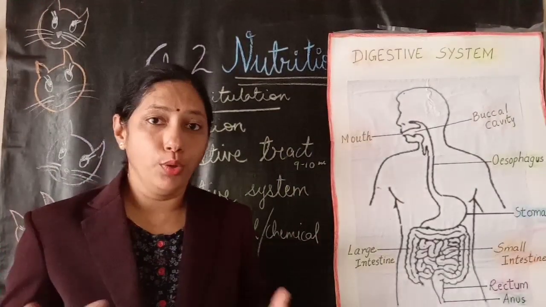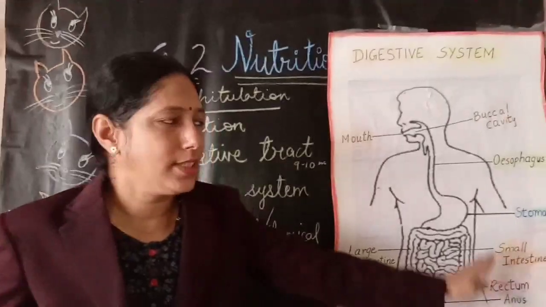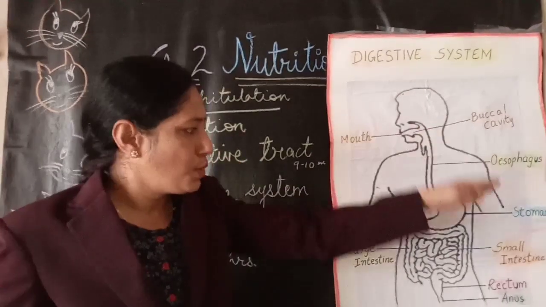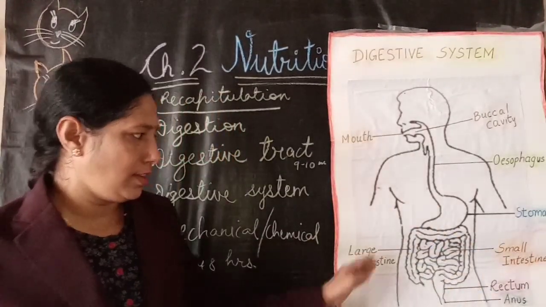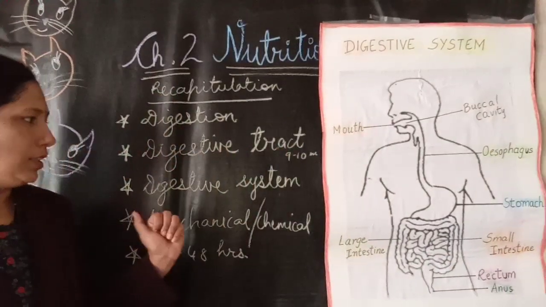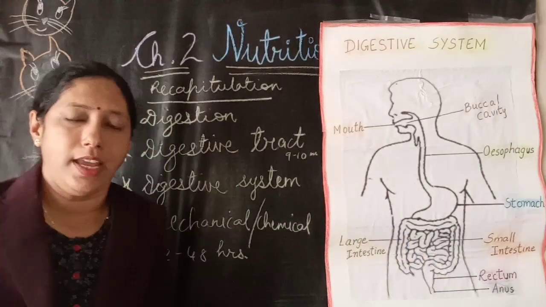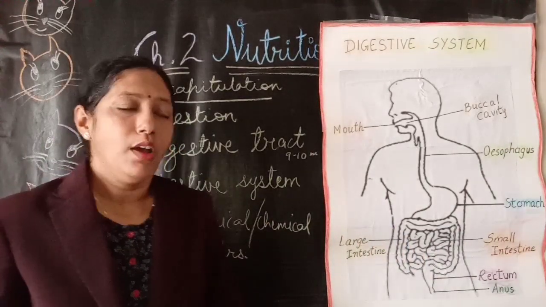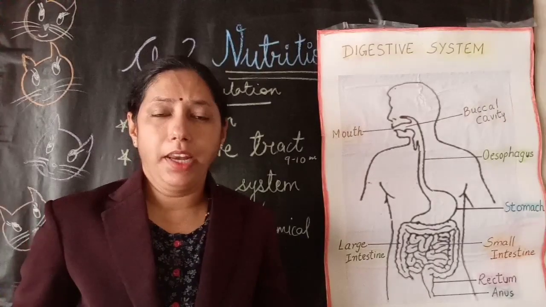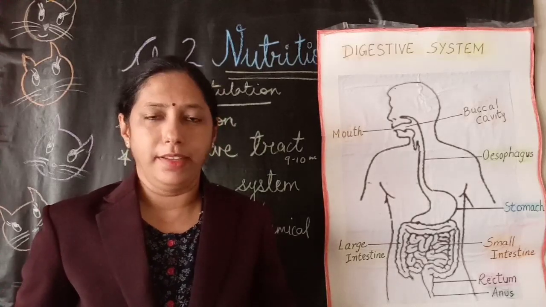As you all now know, the digestive tract has different compartments like buccal cavity, esophagus, stomach, small intestine, large intestine, rectum and anus. Then we learned that this alimentary canal along with the various secreting glands forms the digestive system. These secreting glands are salivary glands, liver and pancreas.